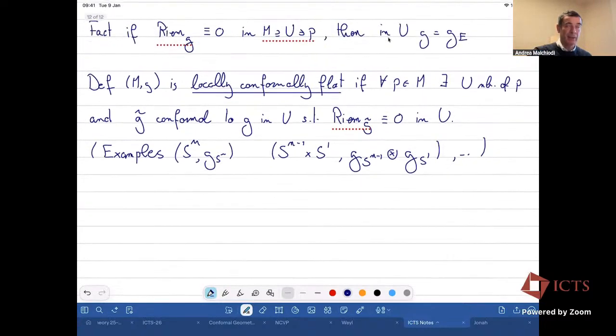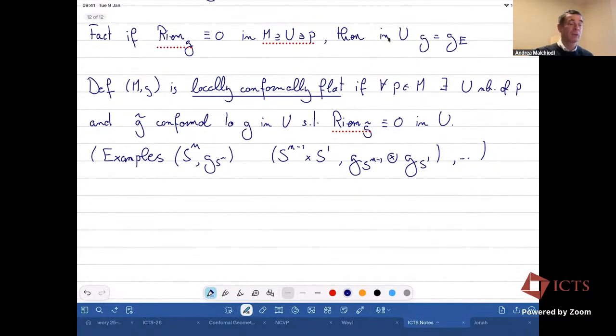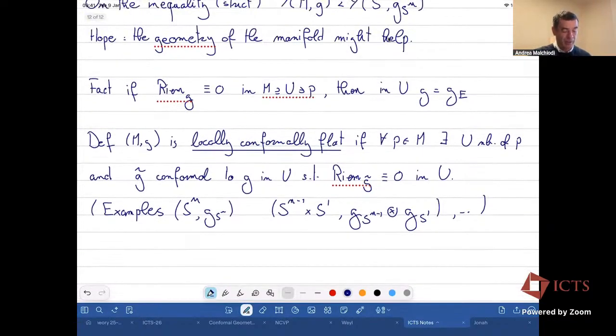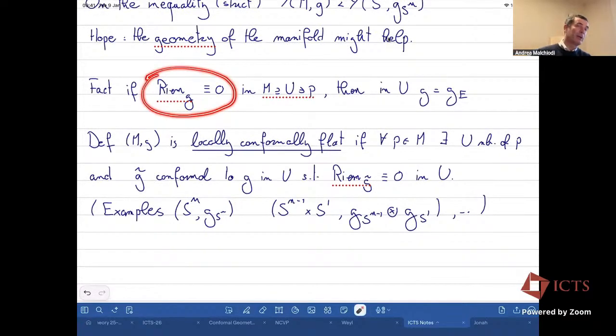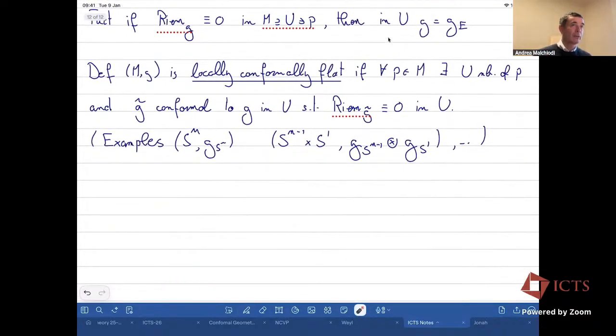How can you tell such a thing? Riemann curvature equal to 0 is a condition that tells you when the metric is locally Euclidean. And for a metric to be locally conformally flat, there is another tensor, which is called the Weyl tensor.